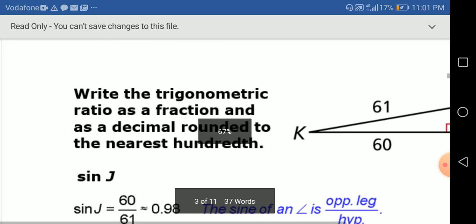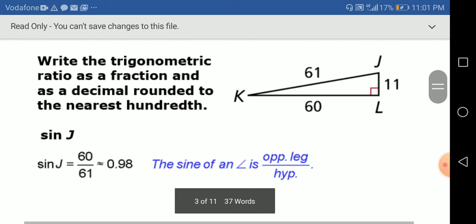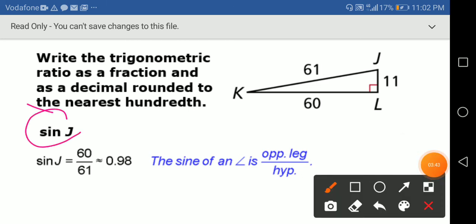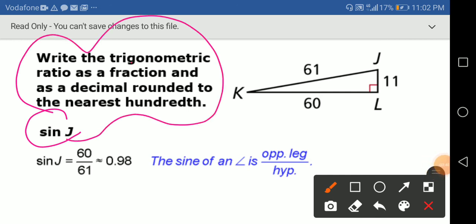Here he asks you to write the trigonometric ratio as a fraction and as a decimal rounded to the nearest hundredth. He asks about the sine of angle J. So sine of angle J equals opposite over hypotenuse.